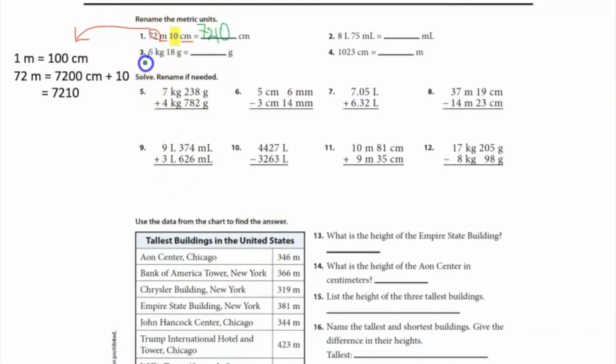Number 3 says 5 kilogram and 18 gram, and it tells us to rename it in gram. Because 18 gram is already in gram, I'm going to keep it as it is, just like I did for number 1, and I'm only going to convert my 5 kilogram.